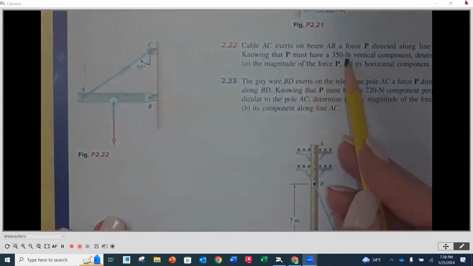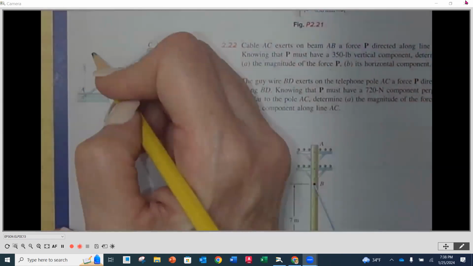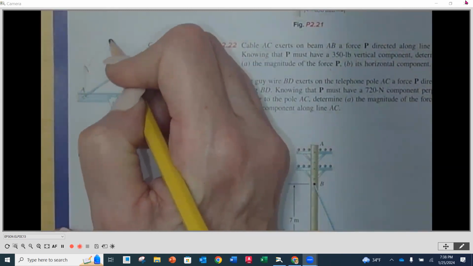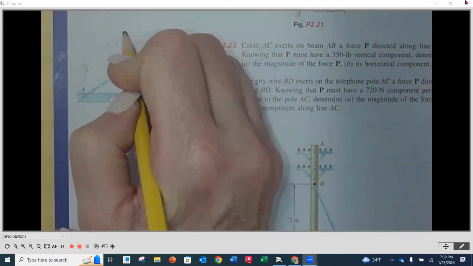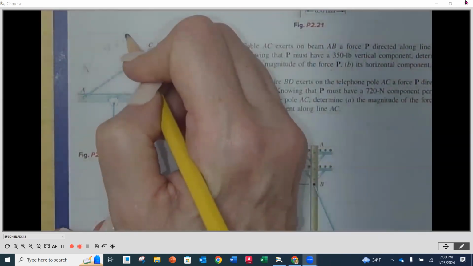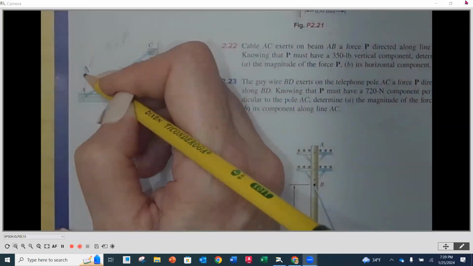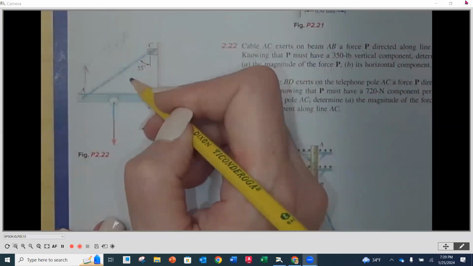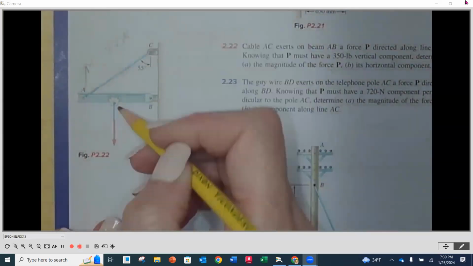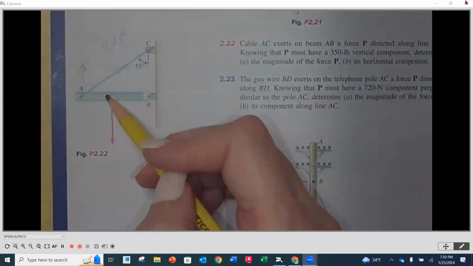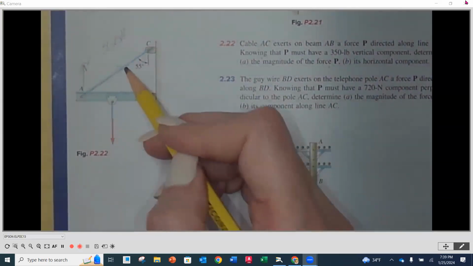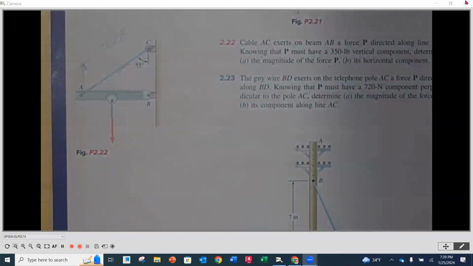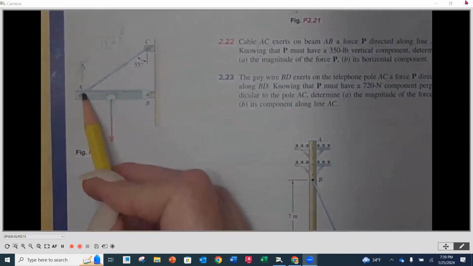It says the vertical component has to be 350, so that's going to be this component right here, 350 pounds, going straight up from A. Then it's also going to have an X component. What they're asking is, what is this force along that cable, and what is the horizontal component?